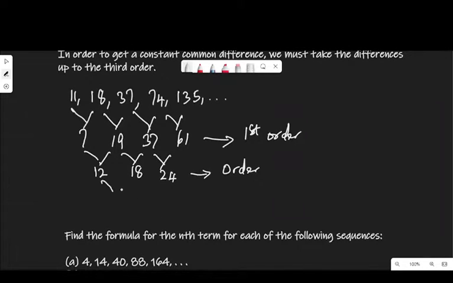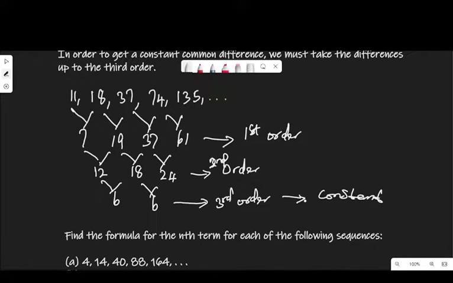Let's move to the third order difference. 18 minus 12 is 6, and 24 minus 18 is 6. This is the second order difference, and this is the third order difference. You can see that here we have a constant common difference.